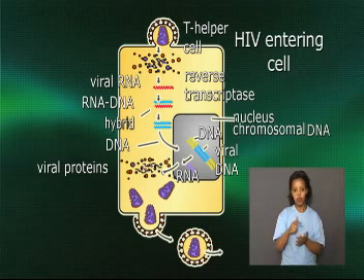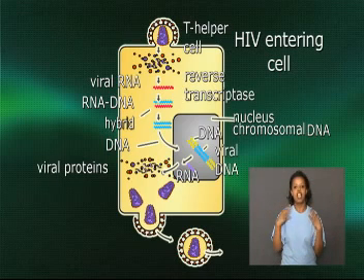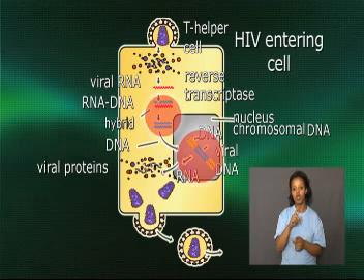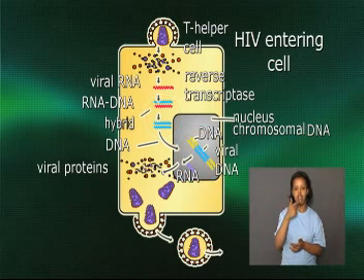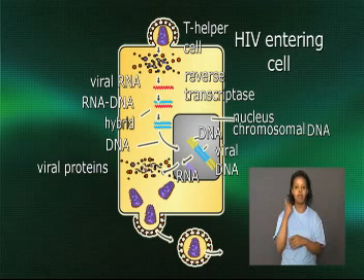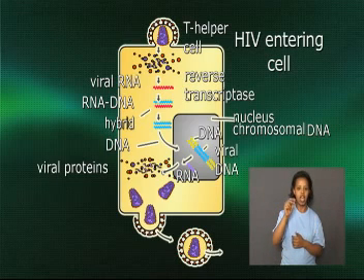This is a necessary step if the genetic material of HIV is to be incorporated into the genetic core of the T cell. The reverse transcriptase changes the RNA into DNA using building blocks called nucleotides, which are provided by the cell. The DNA that is produced becomes incorporated into the host cell's own DNA.